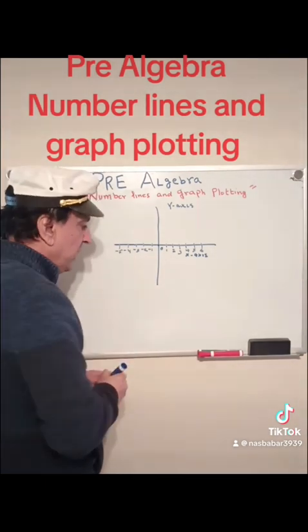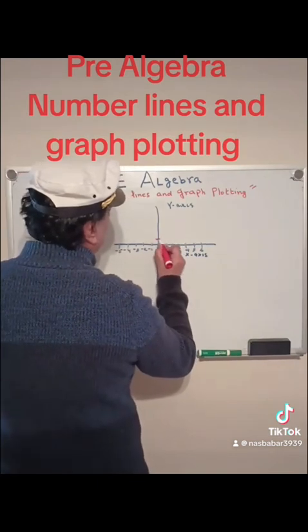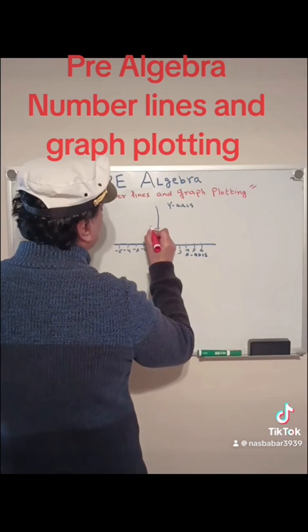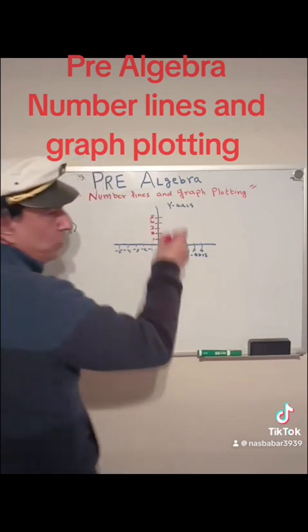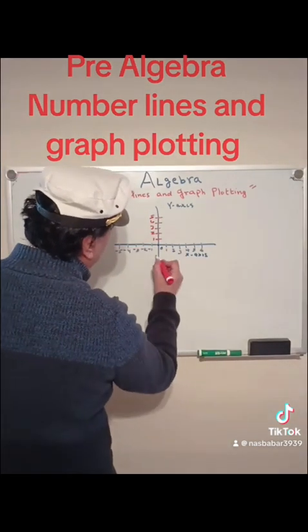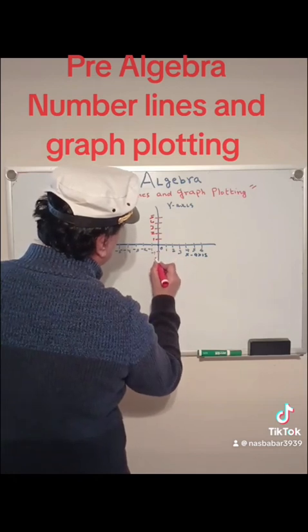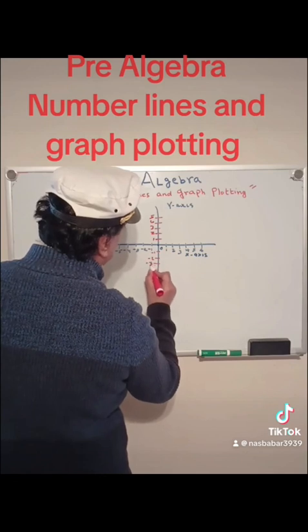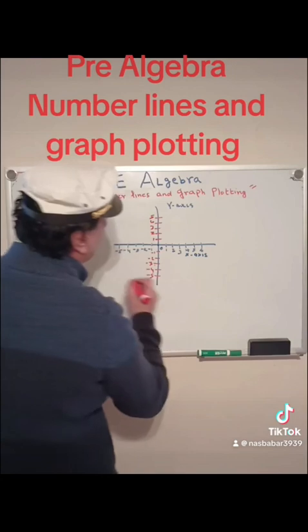Similarly, for the y-axis, you can do 1, 2, 3, 4, 5, and so forth. And then below the x-axis, it's going to be -1, -2, -3, -4, -5, and so forth.